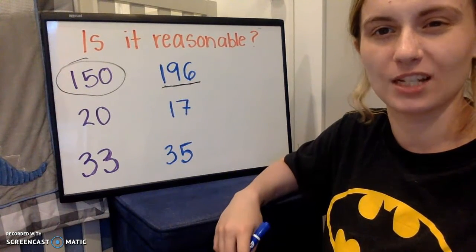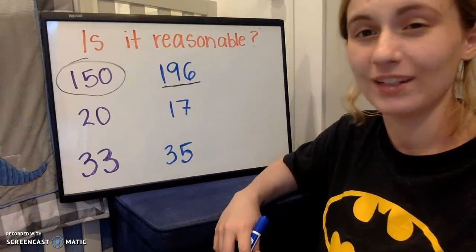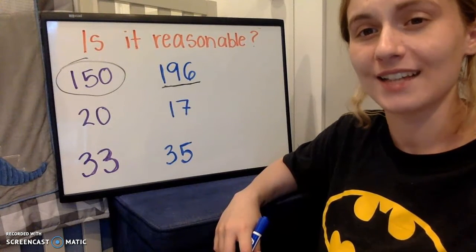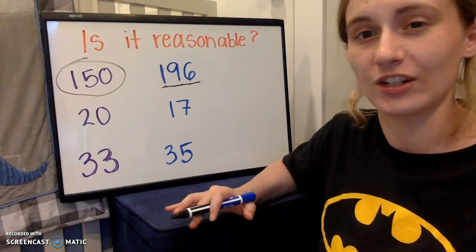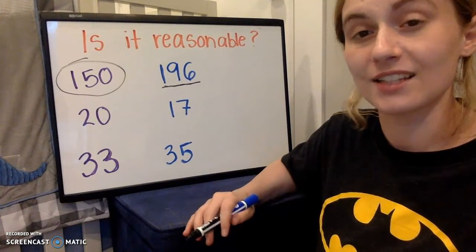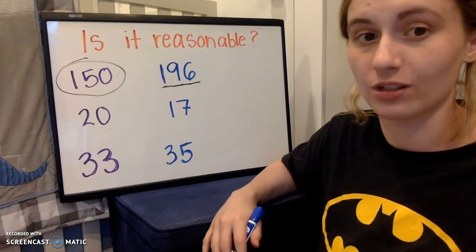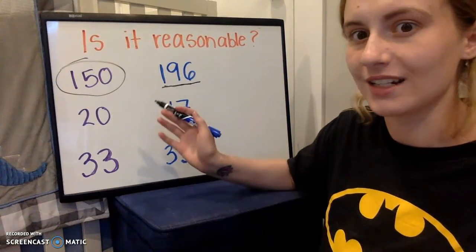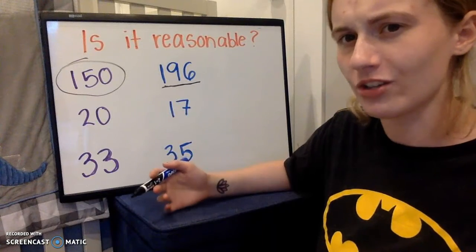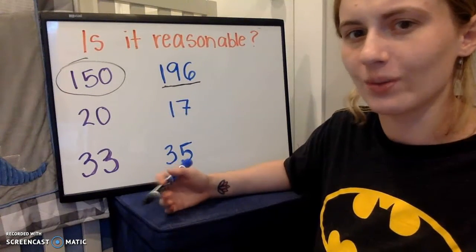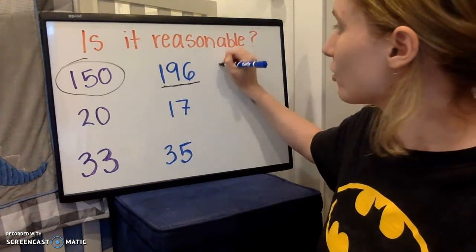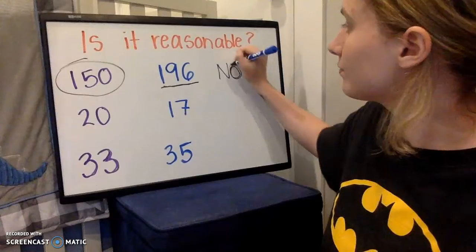Would their answer be reasonable? Probably not, because 196 is nowhere near 150. 196 doesn't even round to anything close to 150. 196 would round to 200, right? So those aren't close. These are not reasonable.